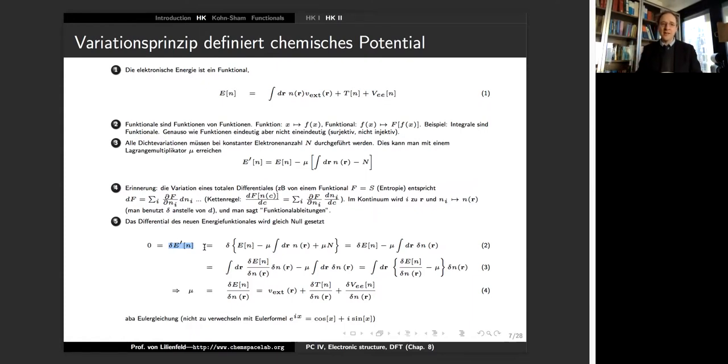In other words, you can very specifically imagine that your electron density sits at every grid point in real space. And in every one of these grid points, you can vary the electron density. So you would have as many variables as you have grid points, right? And that is, of course, conceptually something very different than a discrete variation in free variables like pressure and volume or something like that.